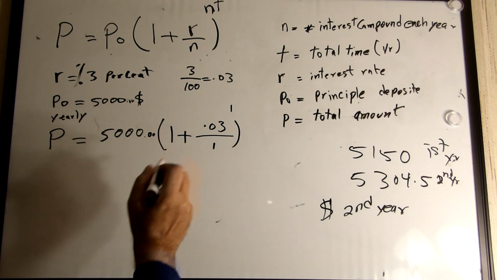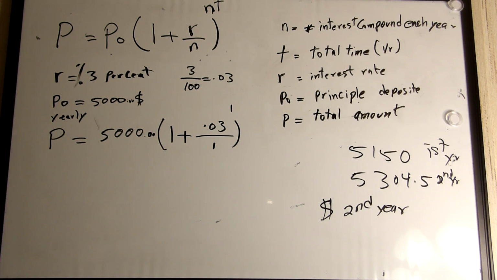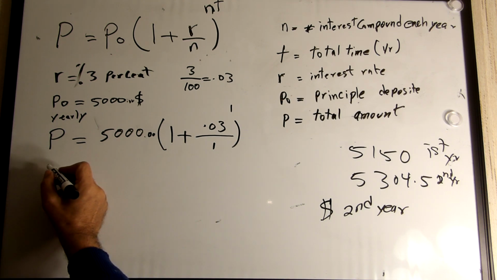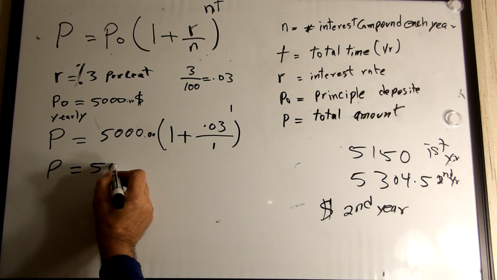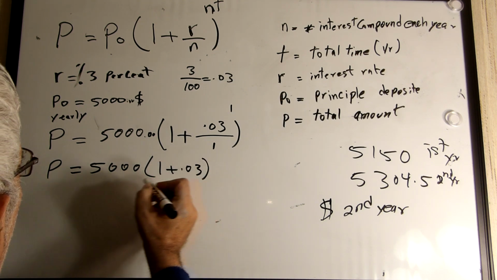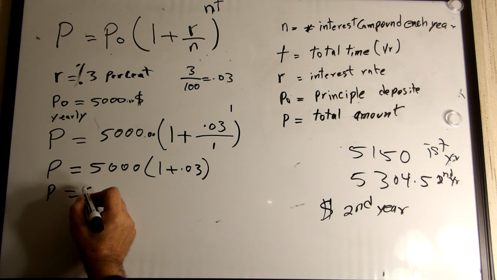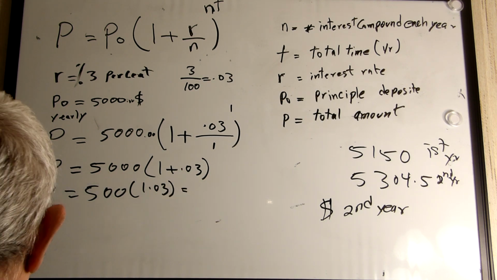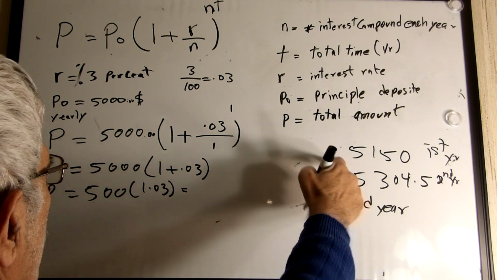Every year, at the end of the year you get this much. 5,000 times 1 plus 0.03. So P is equal to 5,000. 1.03 is going to be this one.